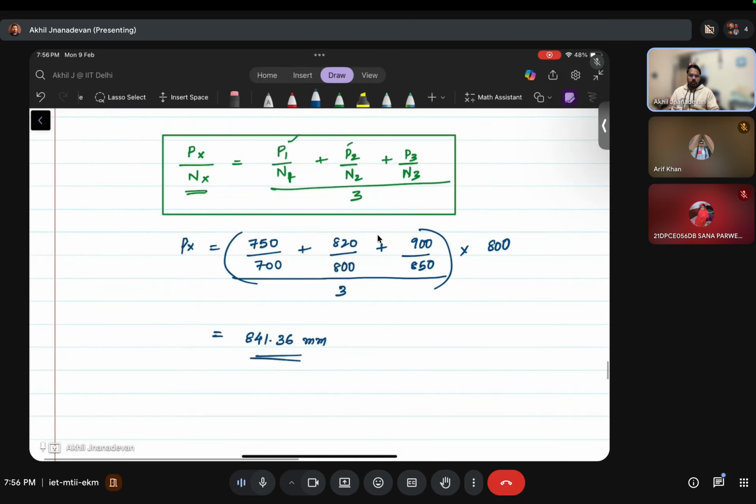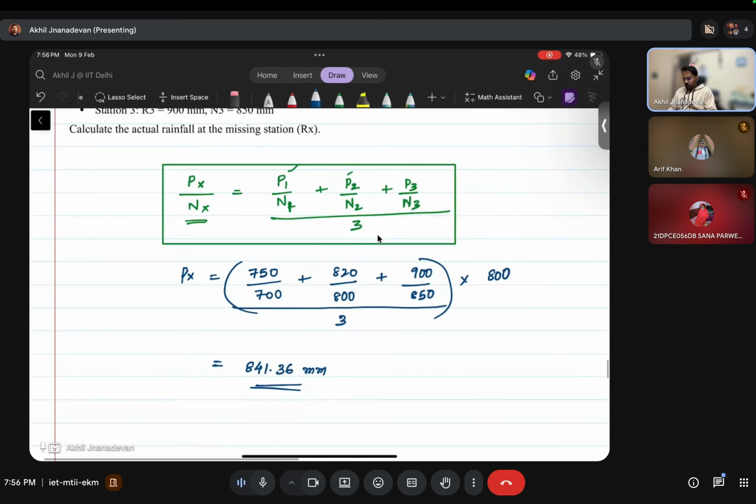You don't have to memorize this equation by heart. Just remember that the P by N ratio for any unknown station equals the arithmetic average of the P by N ratios of the other stations: P1 by N1 plus P2 by N2 plus P3 by N3, divided by 3. If there are 10 stations, then take the arithmetic average of those 10 stations.